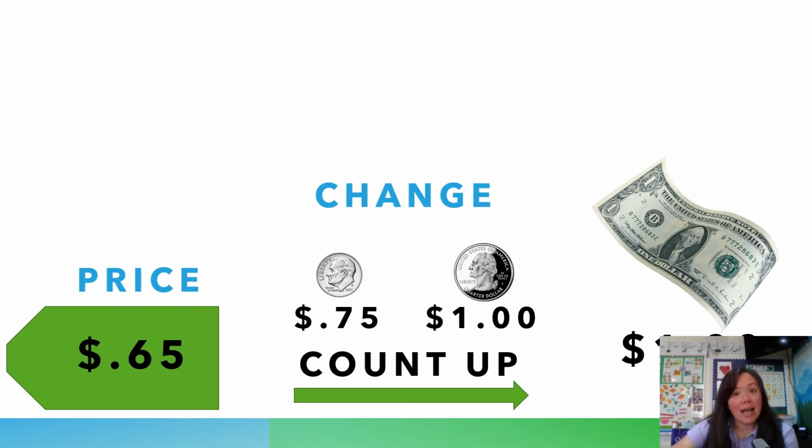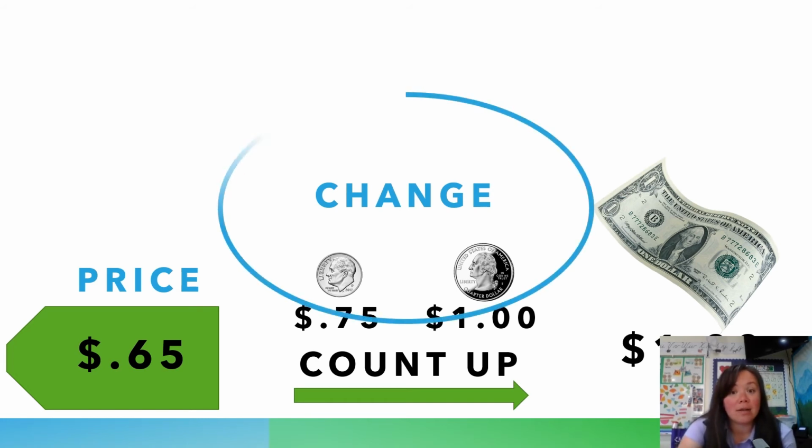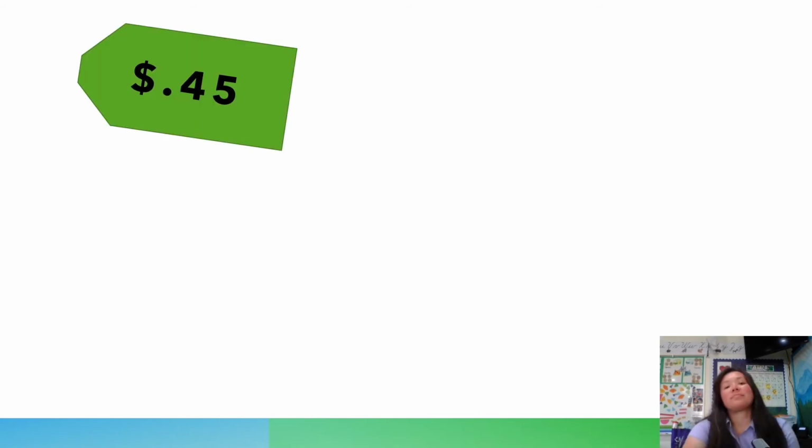So if I add a dime and a quarter, I'm all the way back up to my dollar. A dime is 10, 25 plus 10 is 35 cents, the amount of change that you're getting back. I know that this can seem kind of tricky, but let's go ahead and do another one.